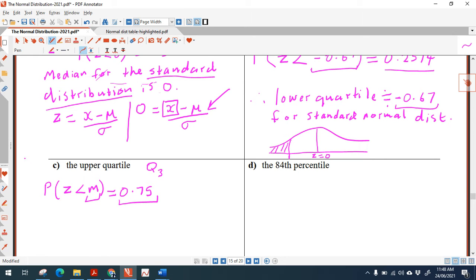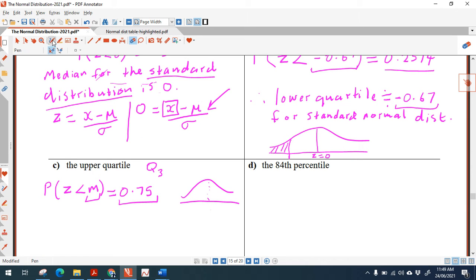So I want to find the number in the table which will give me 0.75. Let's go back to the table here. I should have some idea of where it'll be, so let me do a little sketch of my normal distribution. The 50% mark is in the middle, and that's got a z-score of 0, as we know.